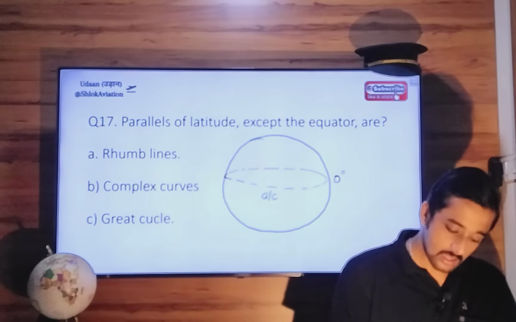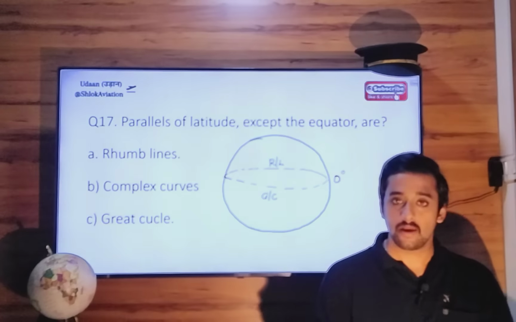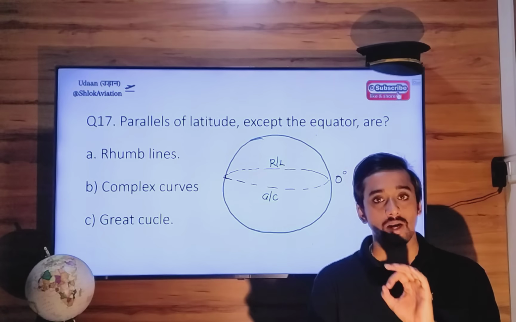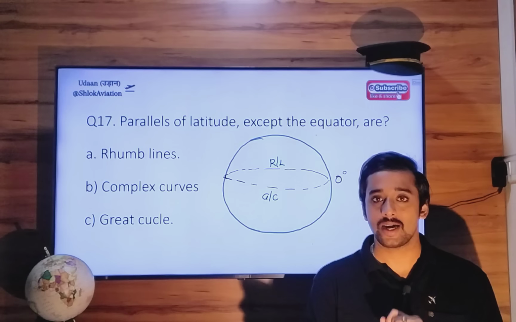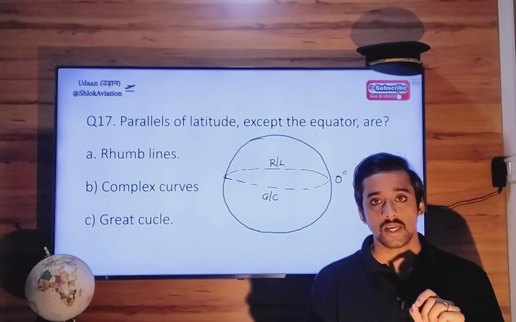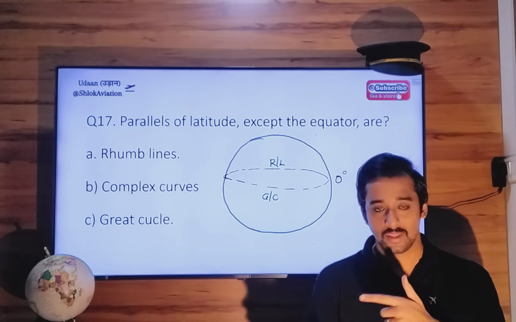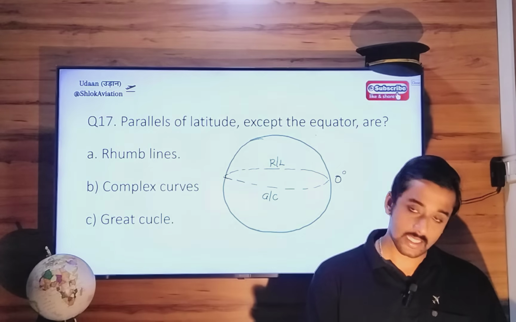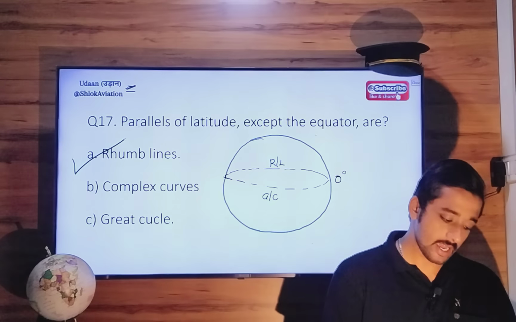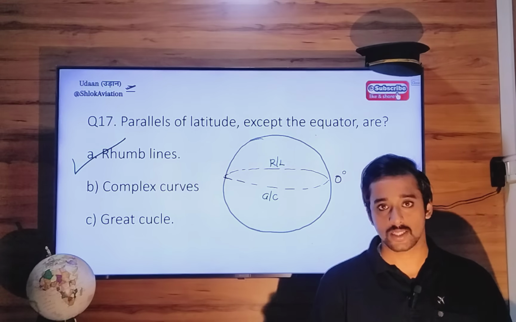But any latitude other than the equator is only a rhumb line because it runs in a constant direction east and west. Okay. So parallels of latitude except equator are rhumb lines because they have a constant direction east and west.